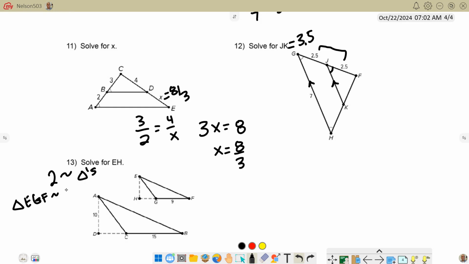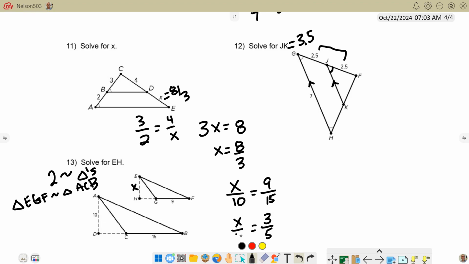EGF similar to triangle ACB, okay? If that's the case, then all corresponding parts, like the heights, like EH is a height, I'm going to call it X. But X over 10 has to be in the same ratio as any other pair of corresponding parts, like the same as 9 over 15. So I like to reduce if I can, so that becomes 3/5.